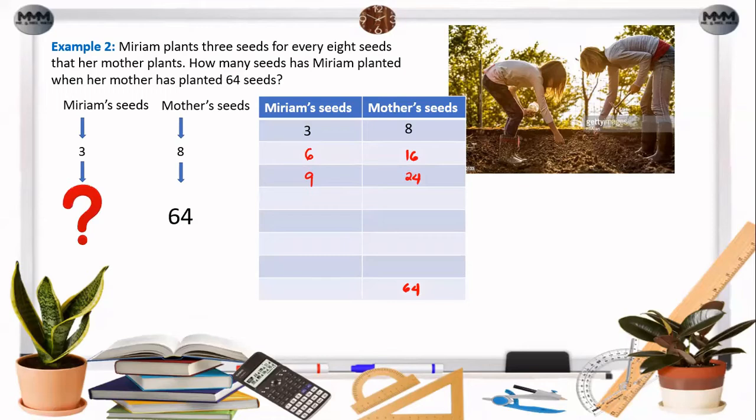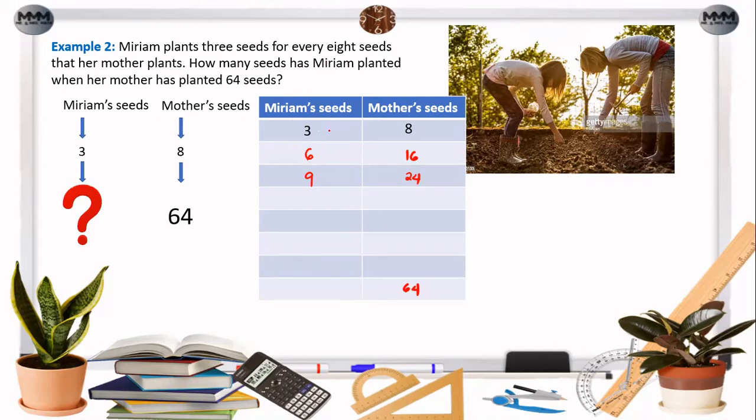Now, based from the entries in our table here, the pattern is evident. Why? Since Miriam's seeds are increasing in multiples of 3, as you observed here. We have 3, followed by 6, 9.